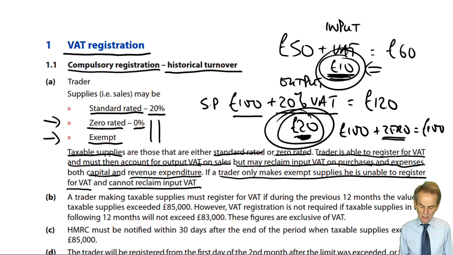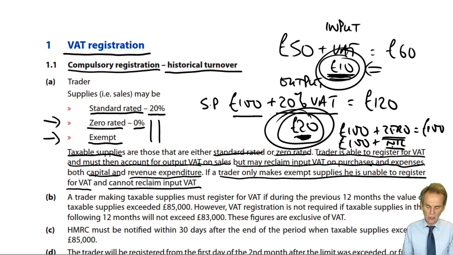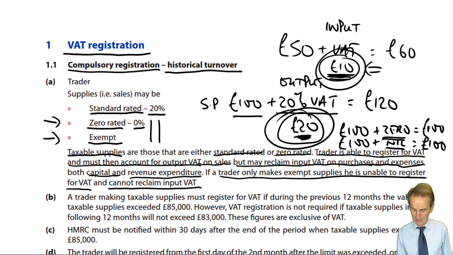If we were to make an exempt supply, it would be, again using these numbers, £100 plus nil. There is no zero rate, there's no taxability at 0% or 20%. This is an exempt supply, so there's no VAT to charge. So again, our customer pays us £100.